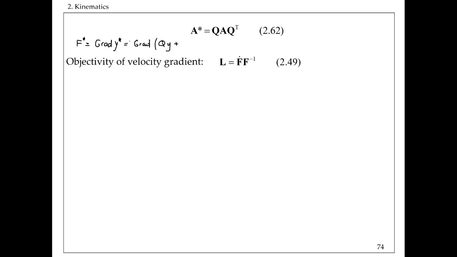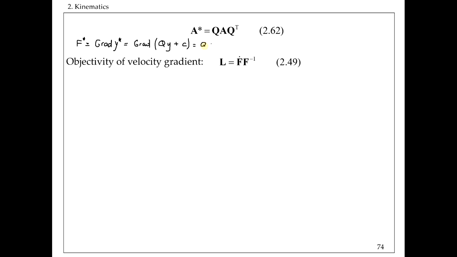That is the mapping of y into y star: rotation plus c. And c is independent, so it doesn't really change with the position vector. So when we take the derivative, grad c will be 0, and Q, of course, the rotation, is also independent of the position, so we can pull it outside.